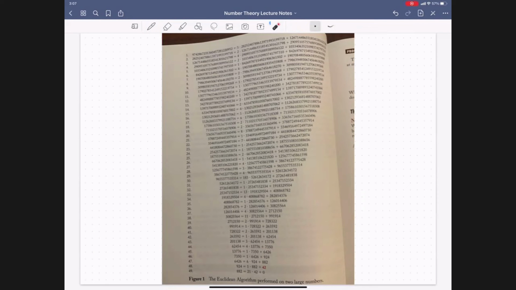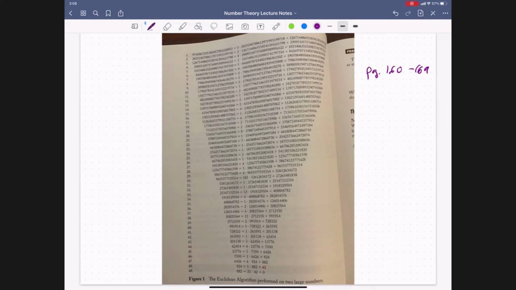And what it shows is that you can compute the GCD, namely 42, the answer to the universe, in 49 steps. And of course, by hand, this is a lot, but from a computational point of view, this is rather fast. And if you're interested, I highly encourage reading pages 160 to 169 of the text, as they go in depth into polynomial time versus exponential time algorithms.